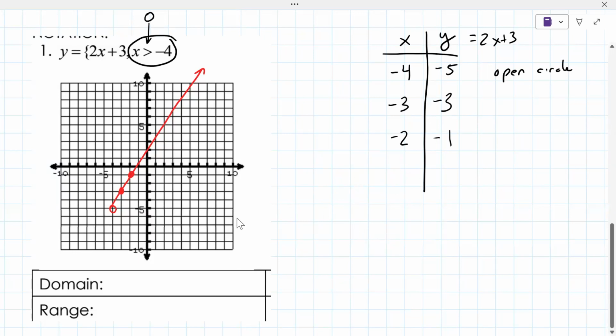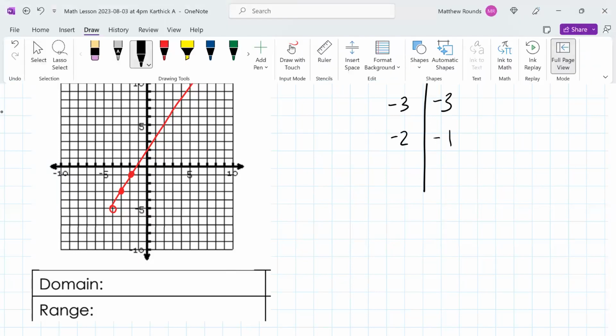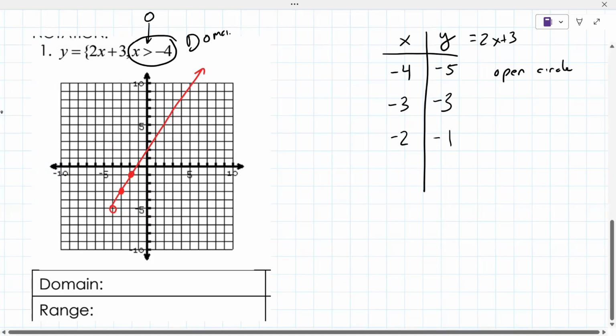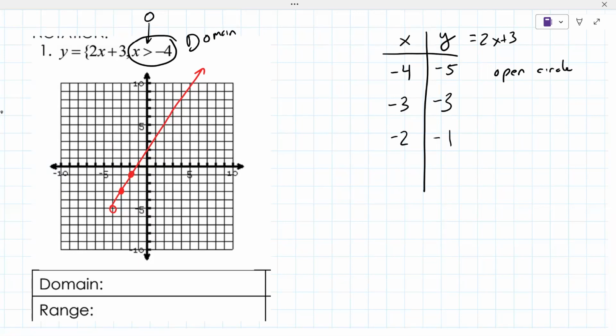Okay. Now the domain and range, the domain actually comes from this part right here. All right. So the domain is, and are you guys using set builder or interval notation? Interval notation, but she accepts the other set builder one. So interval notation is preferred here.